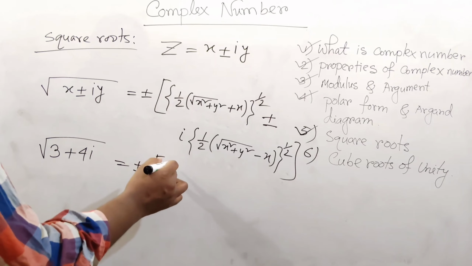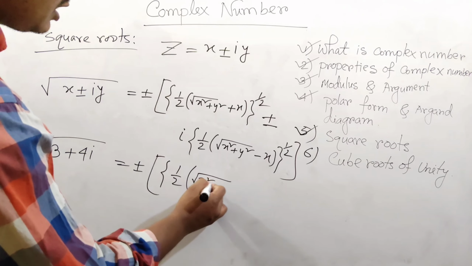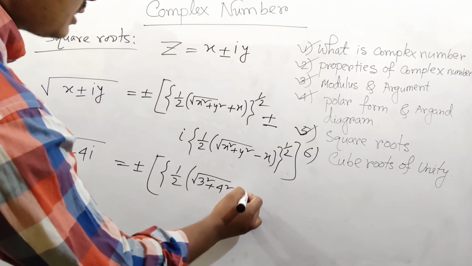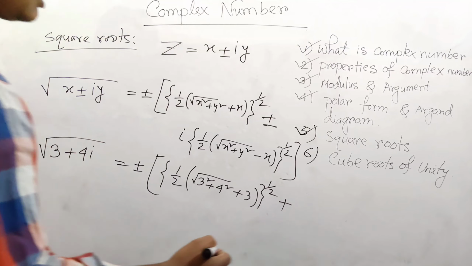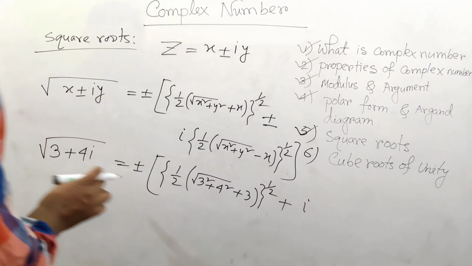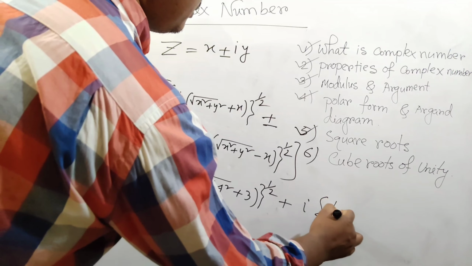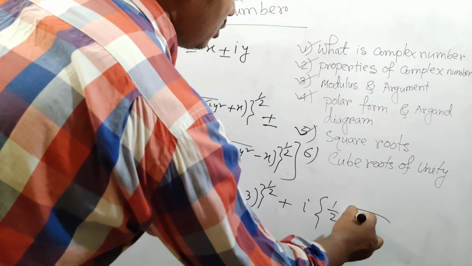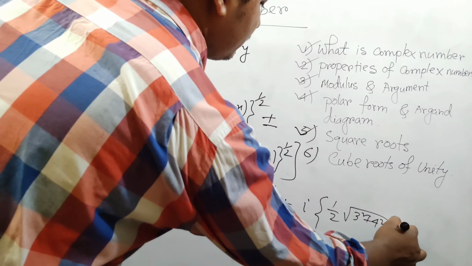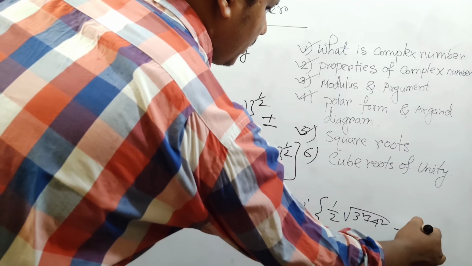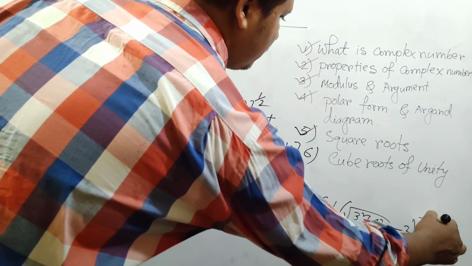So by using this formula: half of 3 square plus 4 square plus 3, to the power half, plus i, since the given sign is plus, half of the square root of 3 square plus 4 square minus 3, to the power half.